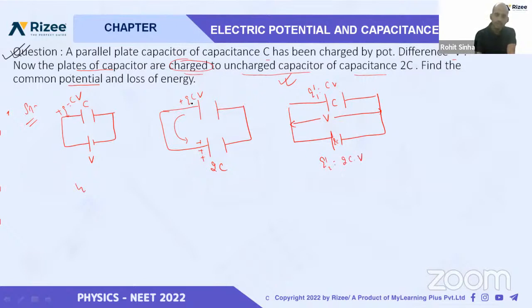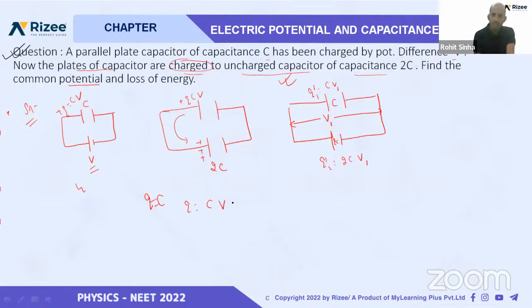We will say like this: initial potential was V, and we will assume the common potential is V1. Initial charge is Q equal to CV.